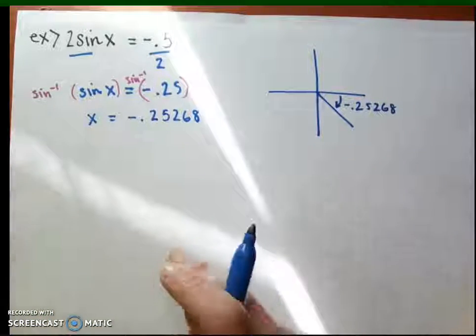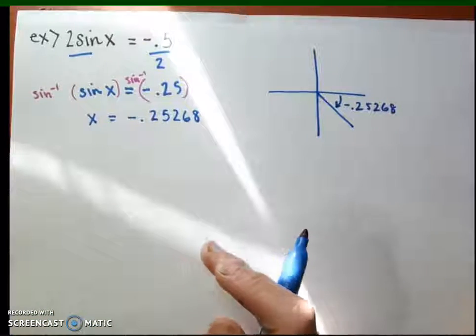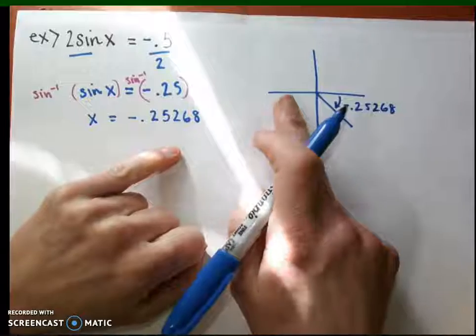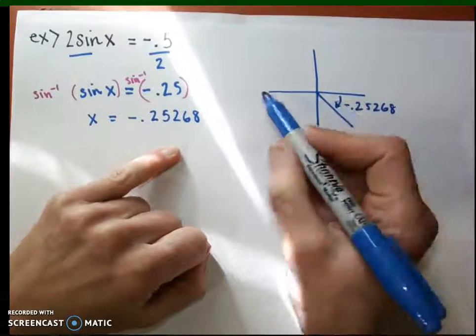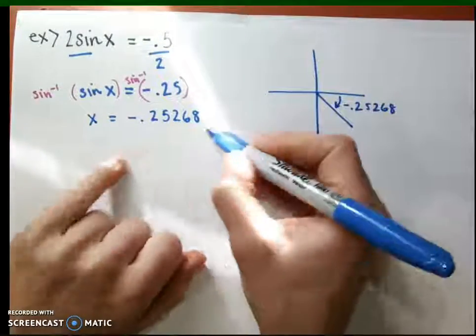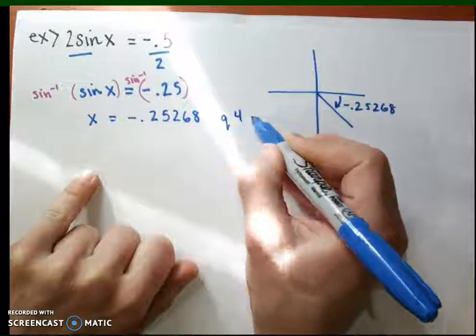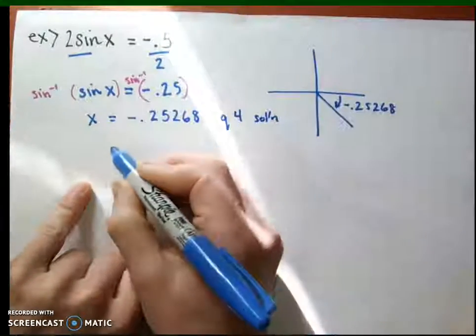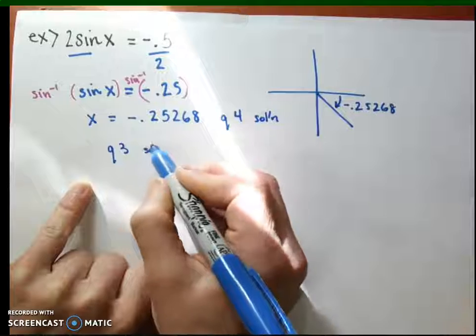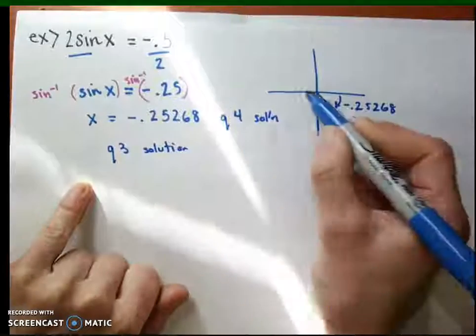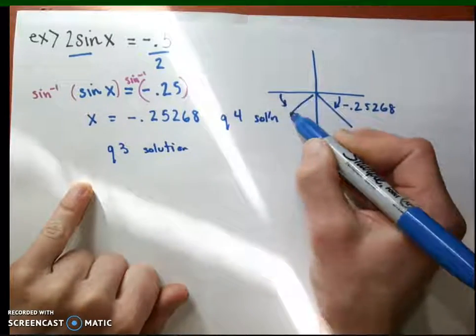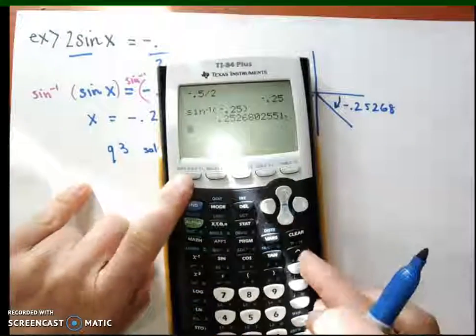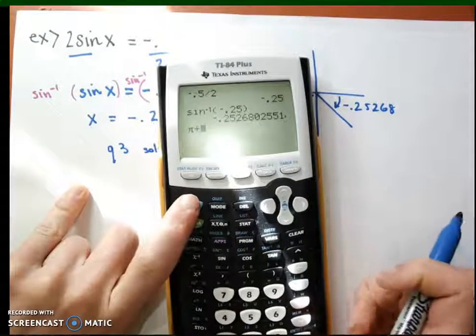So this is the angle in the fourth quadrant, which solves my triangle. In order to get more solutions, I would look at this angle in quadrant 3. So this is the quadrant 4 solution. The quadrant 3 solution is going to be pi plus this angle. So I do pi plus my recent solution.